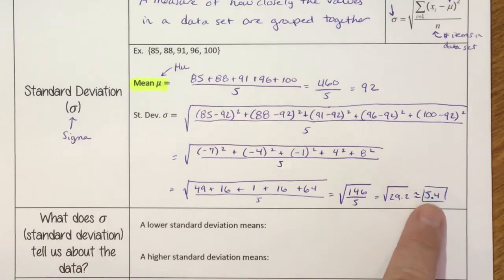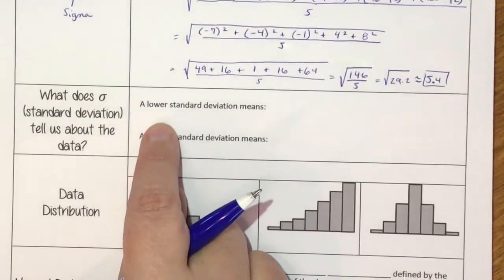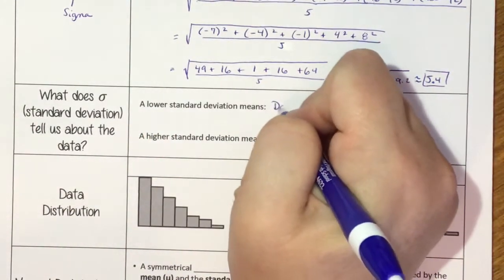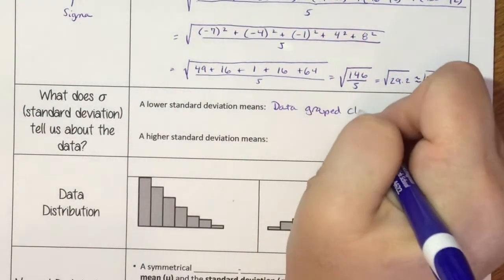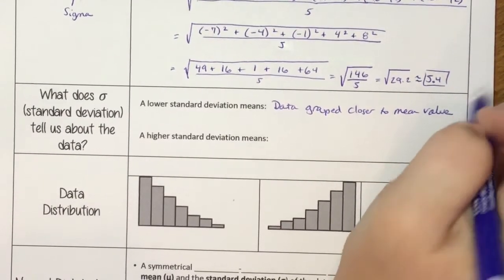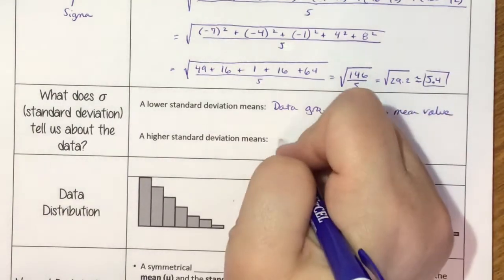If that number gets smaller, then it is less spread out from the mean. So a lower standard deviation means the data is grouped closer to the mean value. And if that standard deviation is higher, it means that our data is more spread out from the mean.